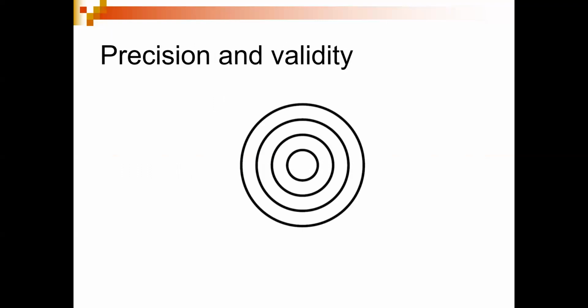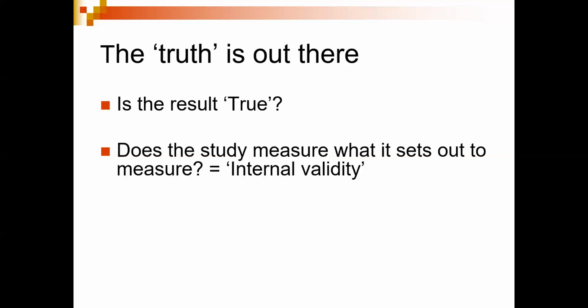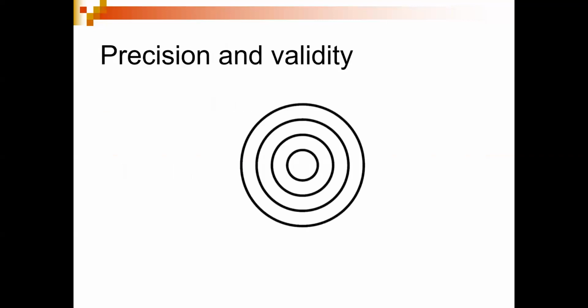Because of this statement, that the truth is out there, whatever you're measuring, is it true? We actually have two concepts, two words which we use, which are very key in assessing validity, or whether whatever you're assessing is true.